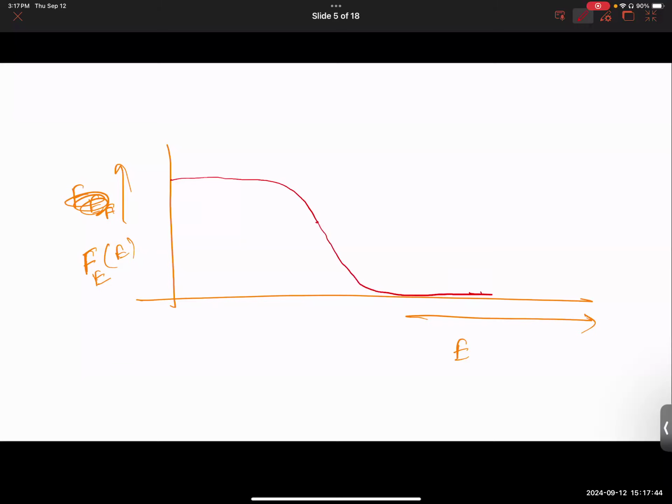If you remember the equation properly, this was the Fermi energy, and the Fermi function is exponent of (E minus EF) over kT. It's somewhat like that, okay?